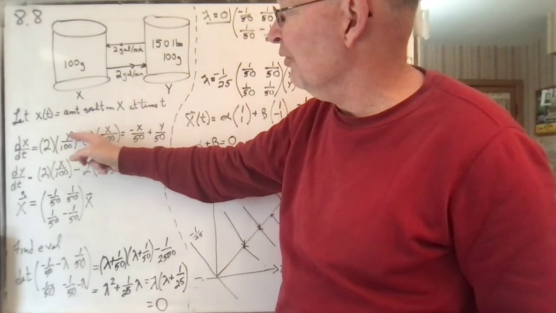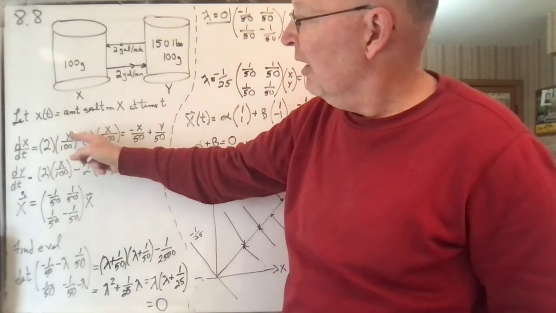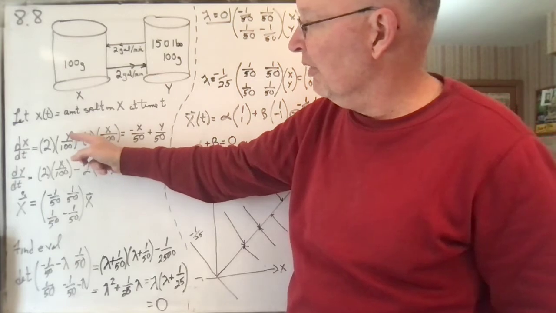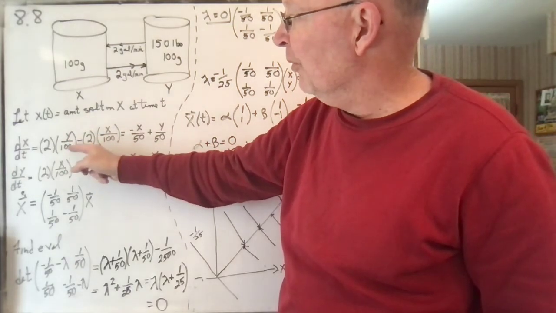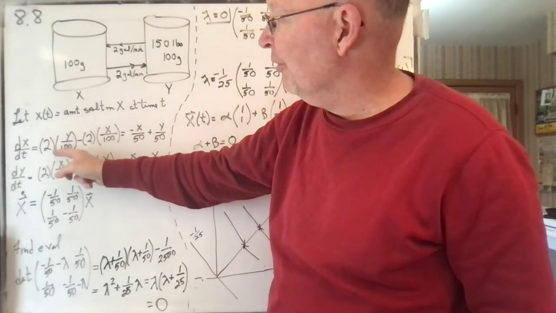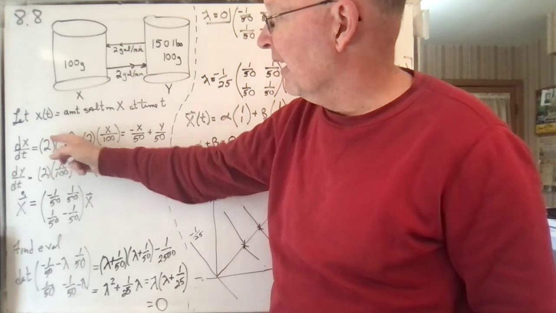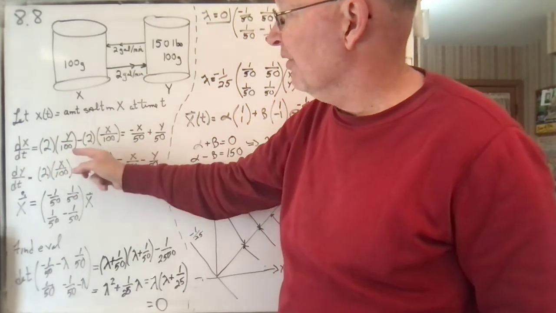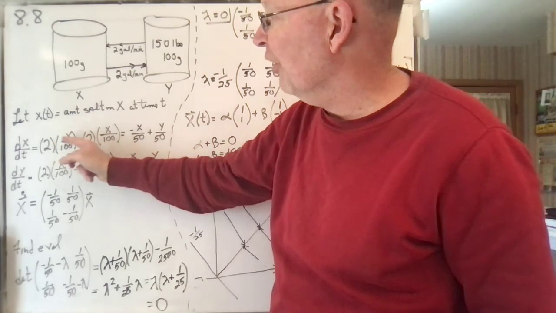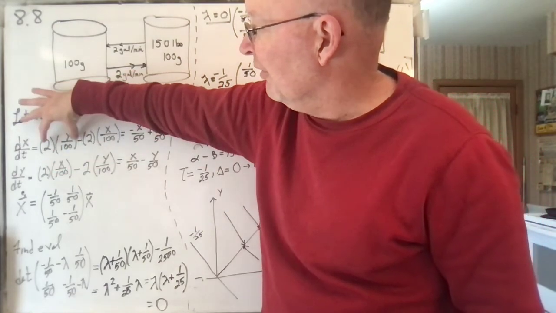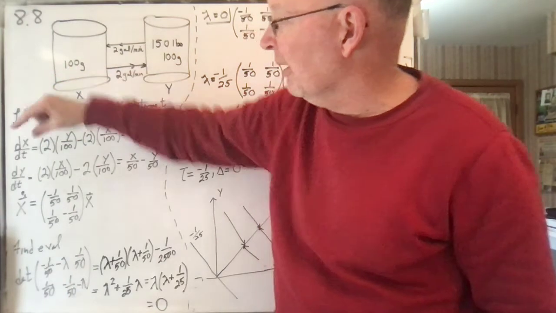So the amount of salt divided by the amount of solution, there's your concentration of salt. If you had units here, this would be pounds of salt per gallon, and then this would be gallons per minute. So the gallons cancel, and you end up with just the number of pounds of salt per minute, which is what you want. This is the rate at which the salt is entering this tank in pounds per minute.